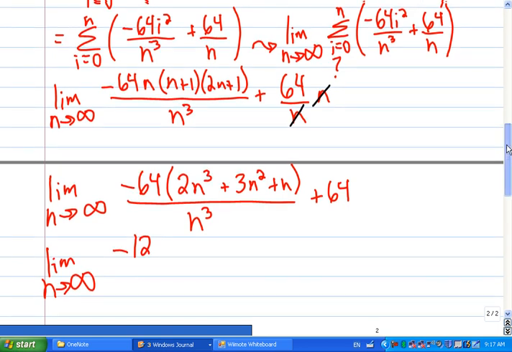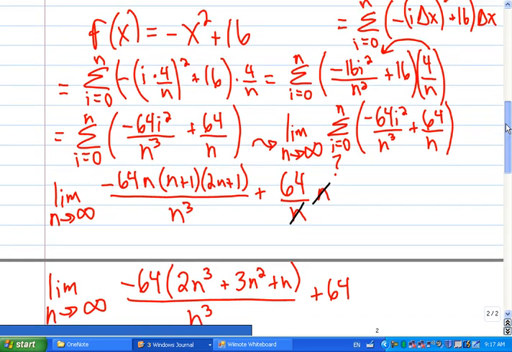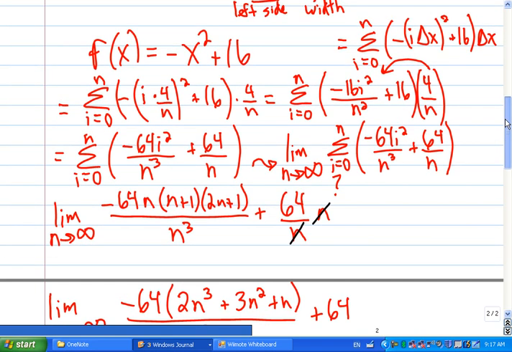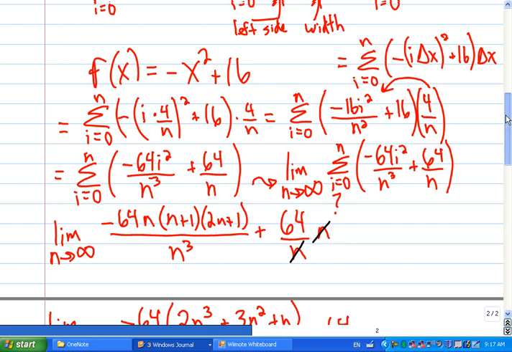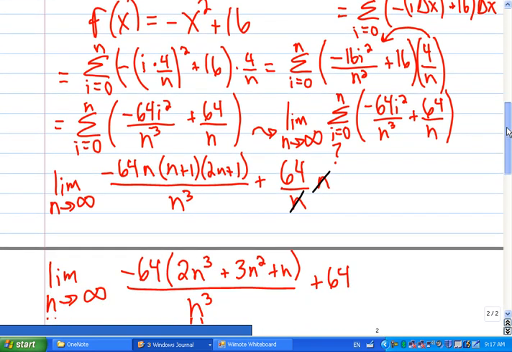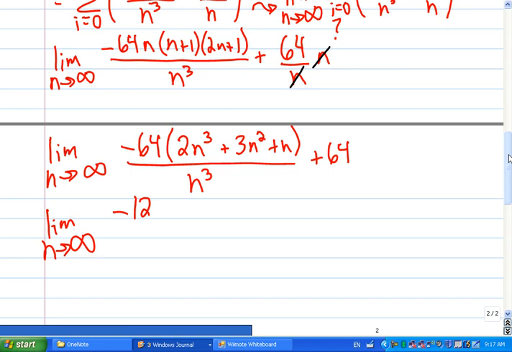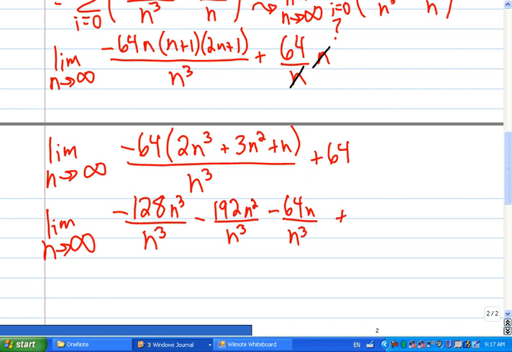Hold on a second here. Let me just make sure that n for delta x. Okay. So I've got 128 n cubed over n cubed plus, what's that, 190, sorry, it'll be minus 192 n squared over n cubed minus 64 n over n cubed plus 64.